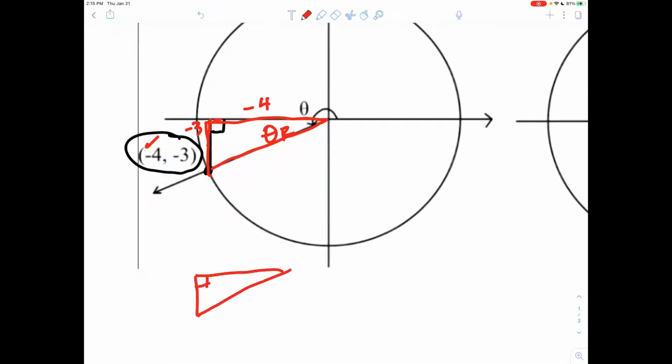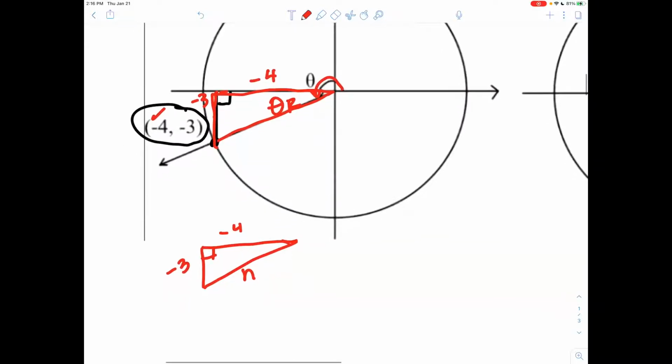And while I know that triangles cannot have negative side measures, we need to keep track of those negative measures, because maybe we're going to get a negative answer for our sine or a negative answer for our cosine, because we're not really inside this little right triangle. We're working on this whole angle, right? So those negatives are actually really important.